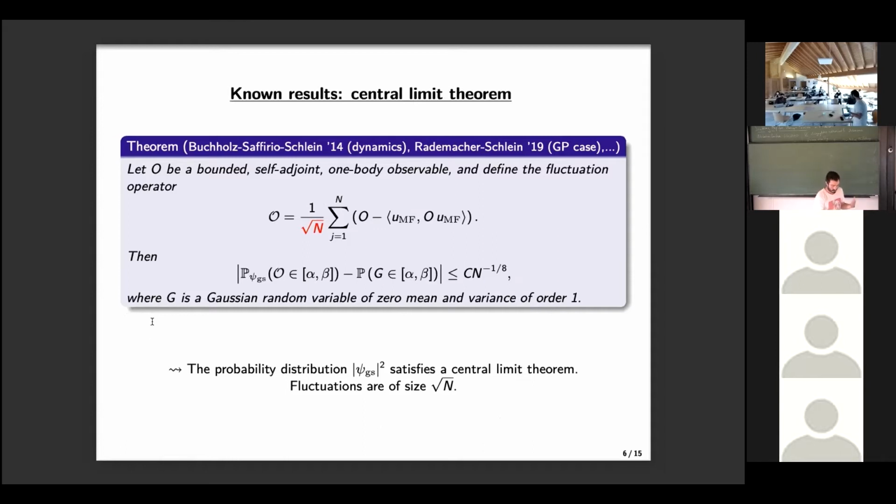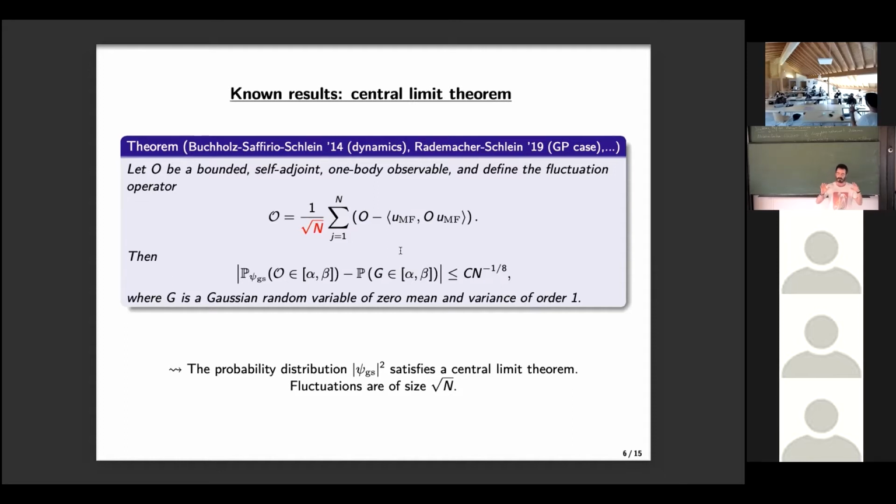In the same model, take a reasonable one-body observable O. You subtract its expectation on the Hartree minimizer, then you make it n-body and divide by the square root of n.